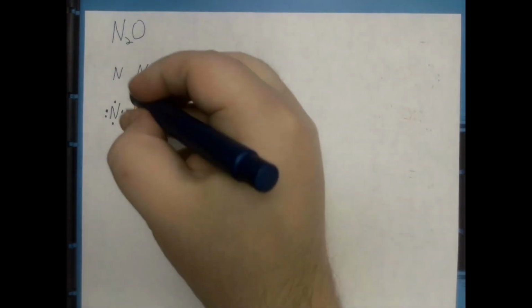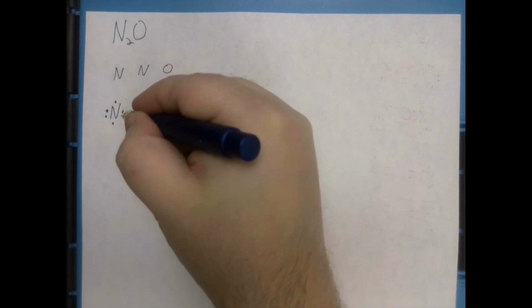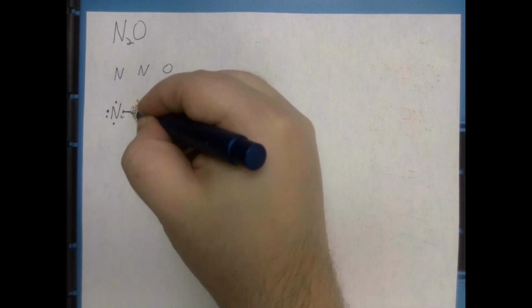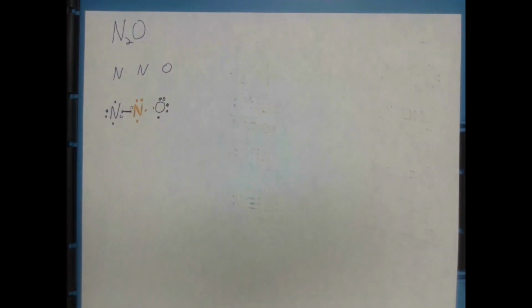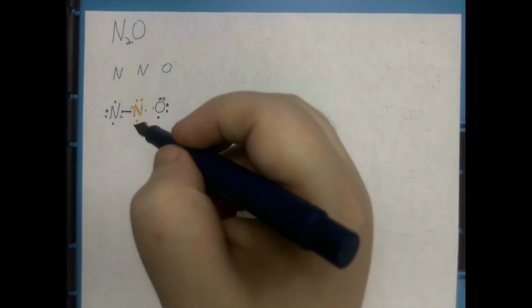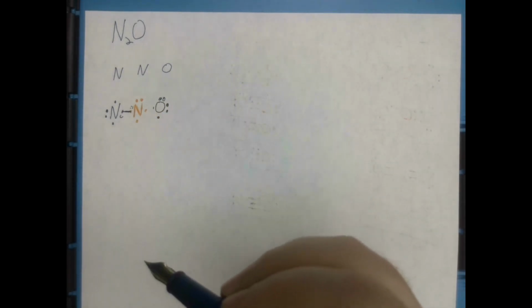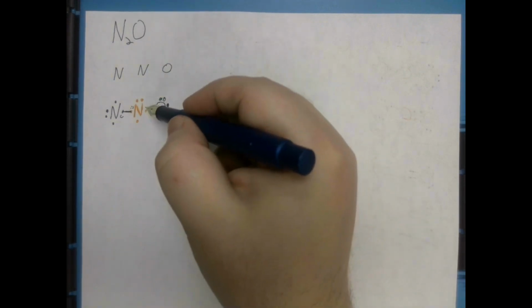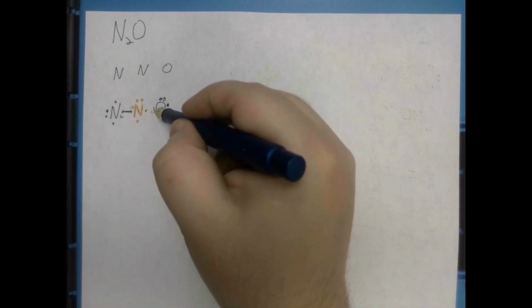Again, I see a spot missing right here and a spot missing right here. I can connect these with a bond. And I'm going to take this right here and this right here. It's a missing spot here.